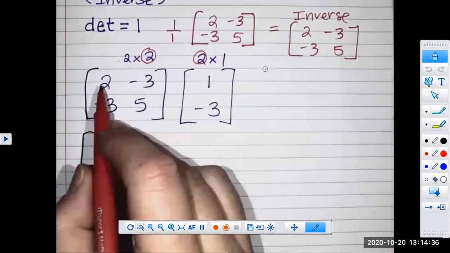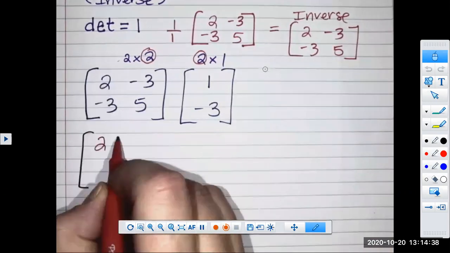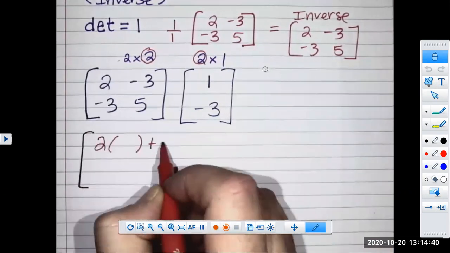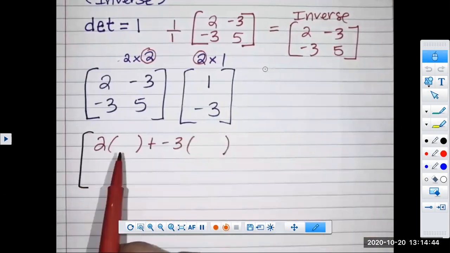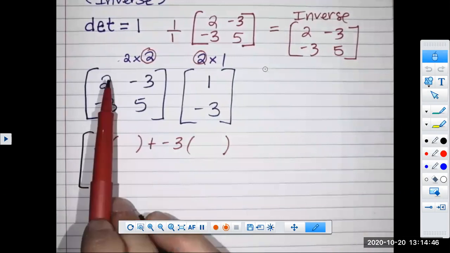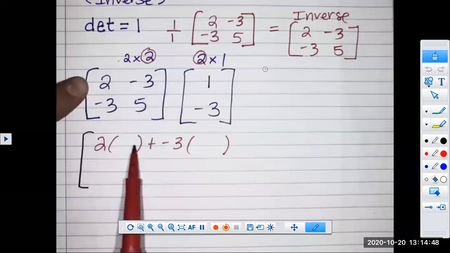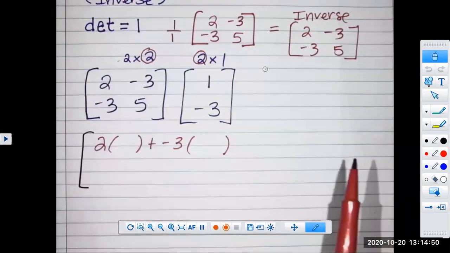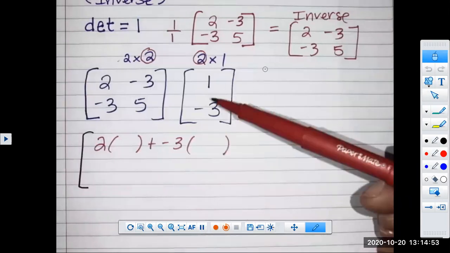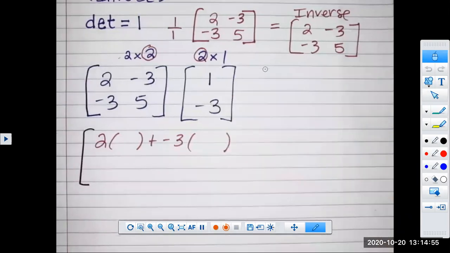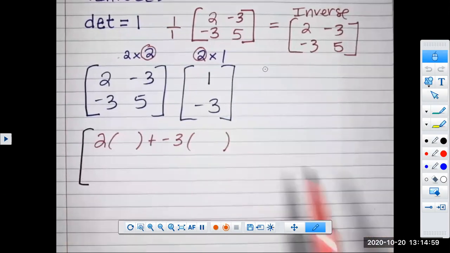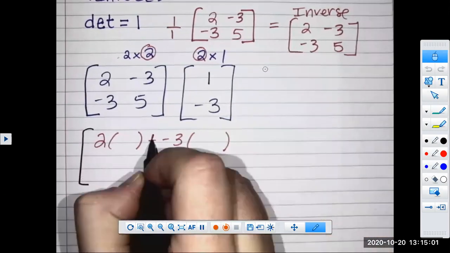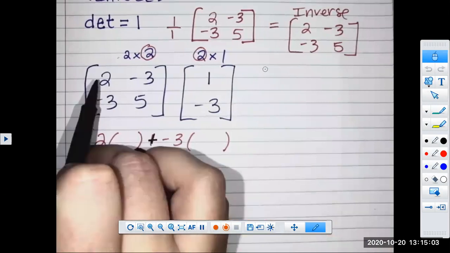So when I take this row of numbers, 2 times something plus -3 times something, this is the way I do it. I'll always write this first row of numbers out across however many times I have columns in my second. So I only had one column, so I just write that row of numbers out, and you always put a plus because you multiply and then you add those products.